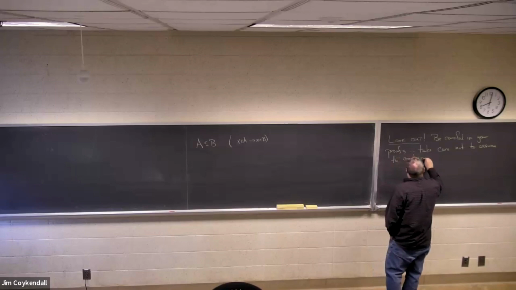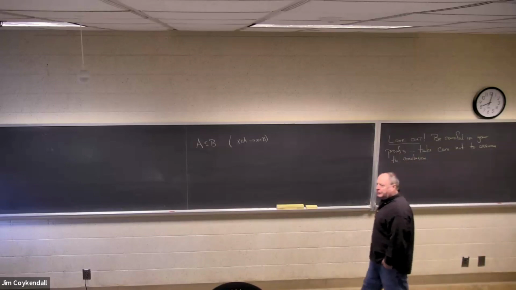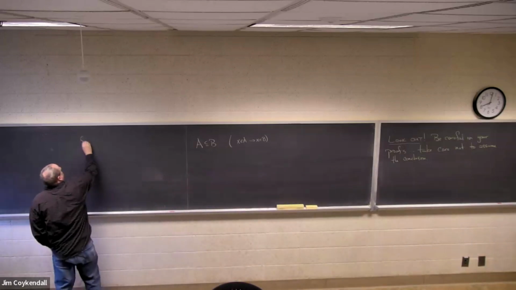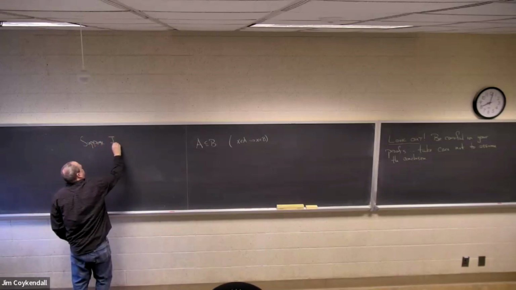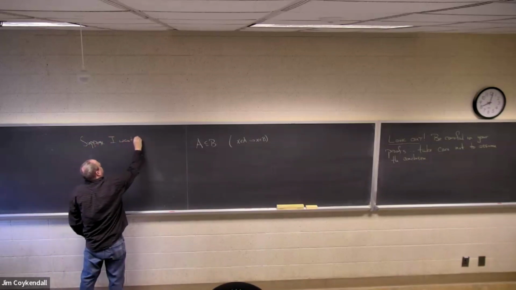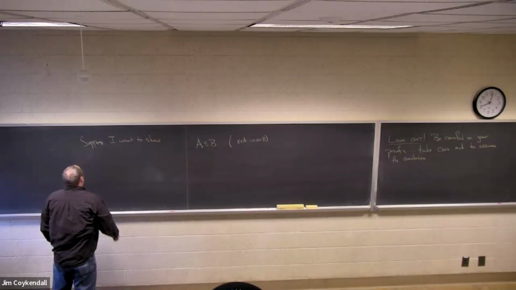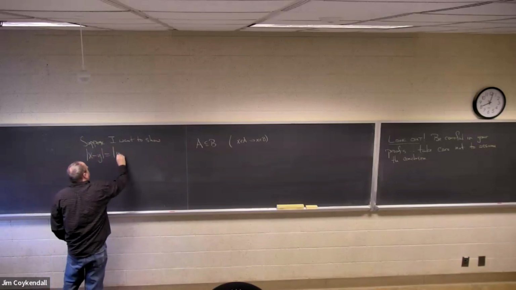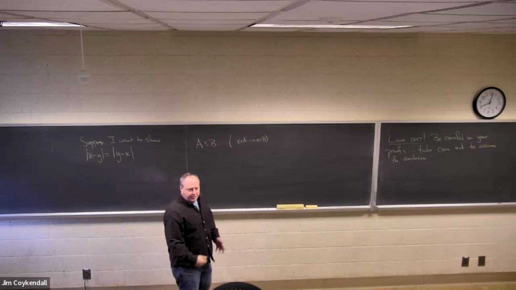So let me give you kind of an example of what I mean about the hazard. So suppose I want to prove this. Suppose I want to show the absolute value of x minus y is equal to the absolute value of y minus x. Right.